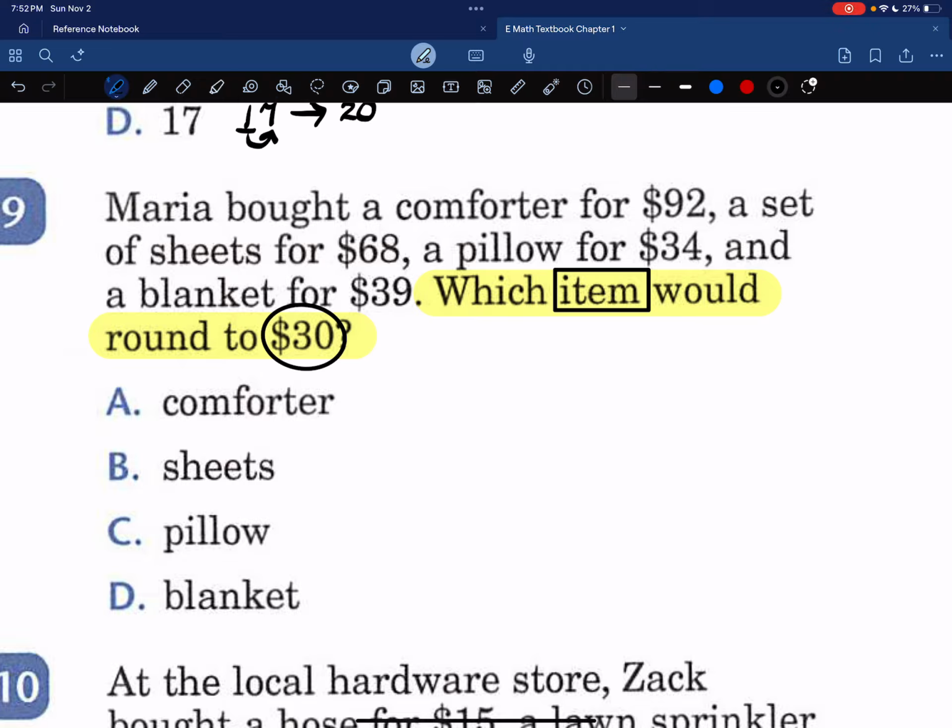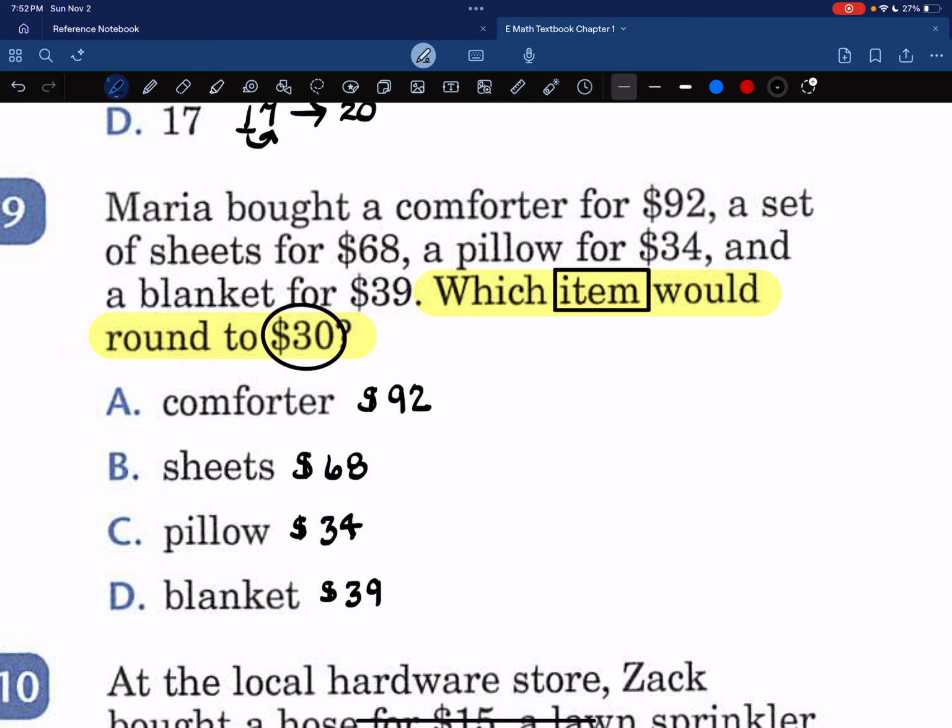So the comforter is $92. The sheets were $68. The pillow was $34. And the blanket was $39.